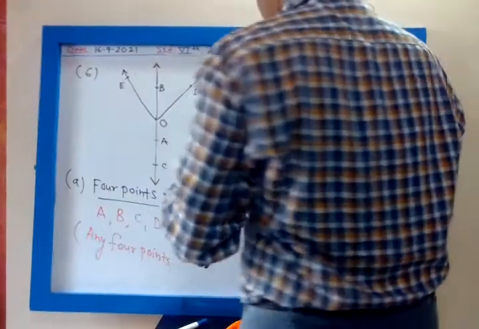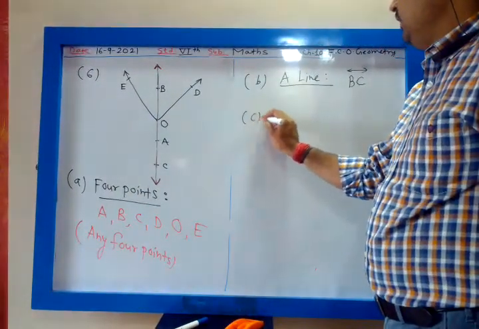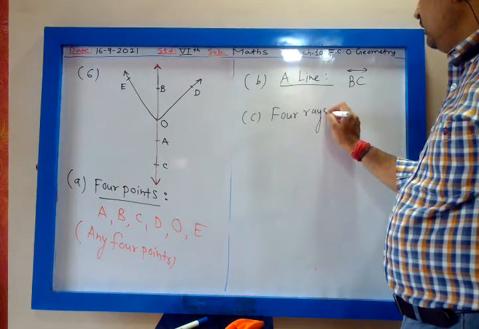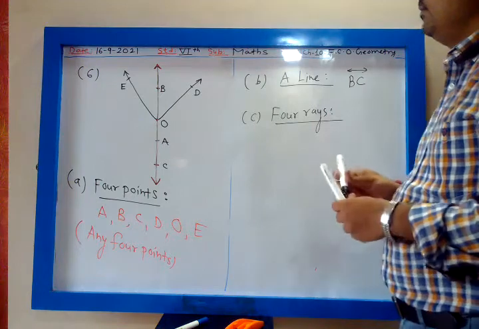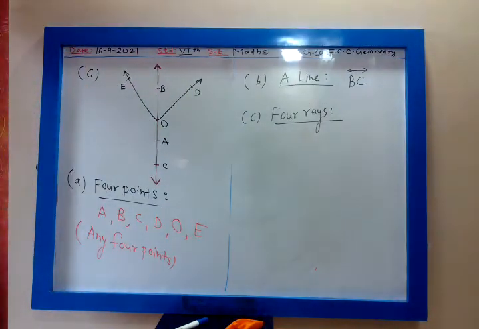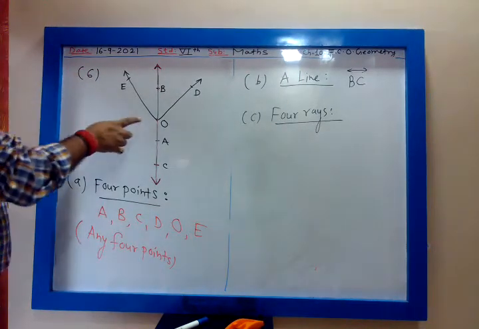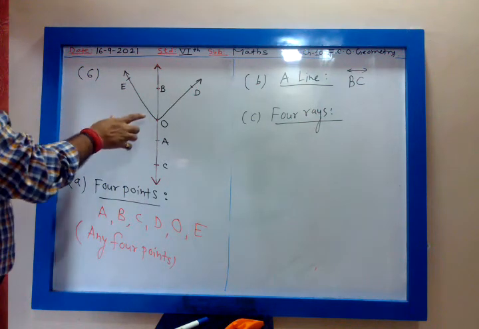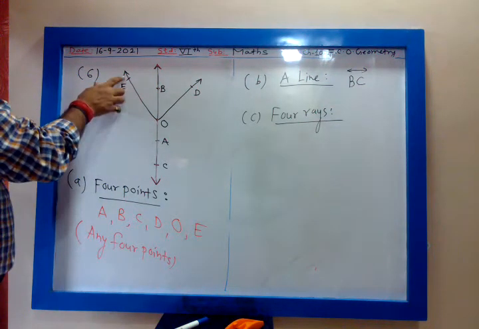Okay, 4 rays. Now, ray. One minute. A ray has one starting point and the other end is an arrow.